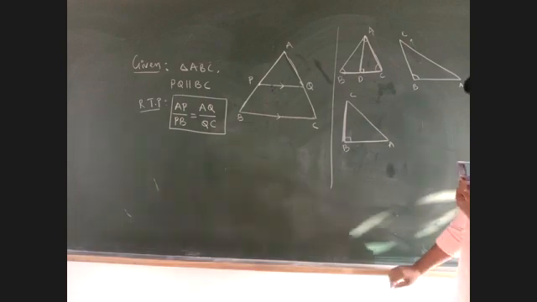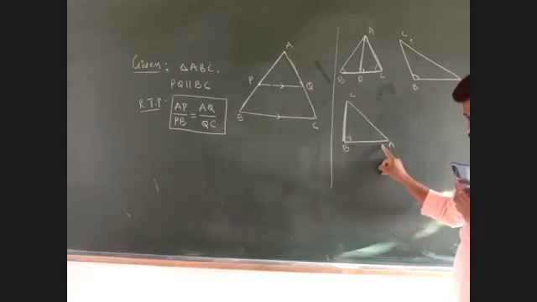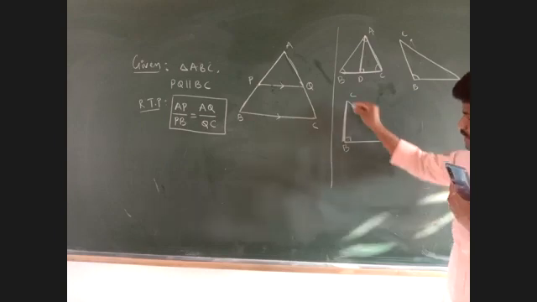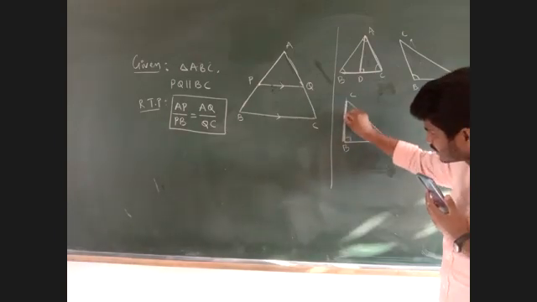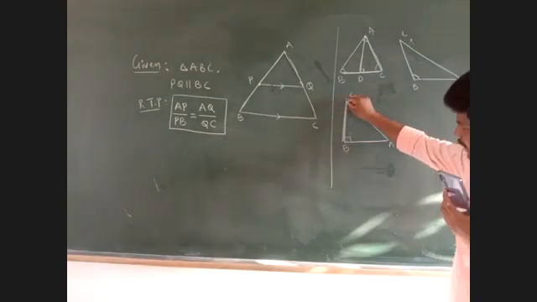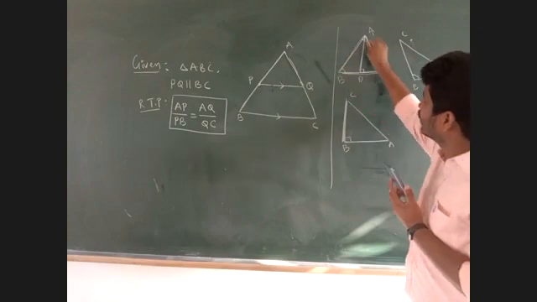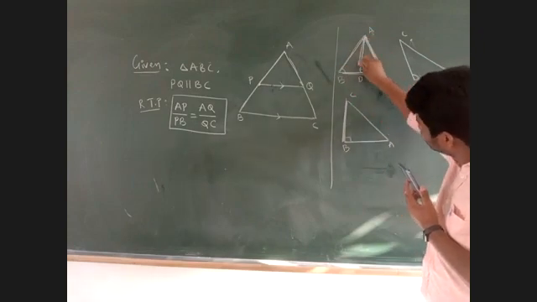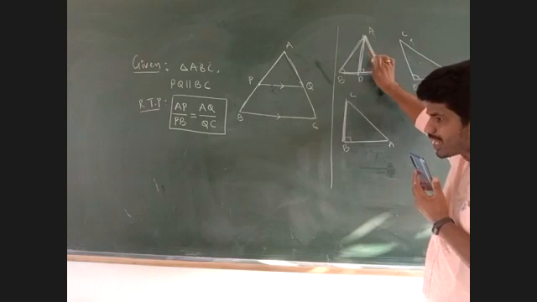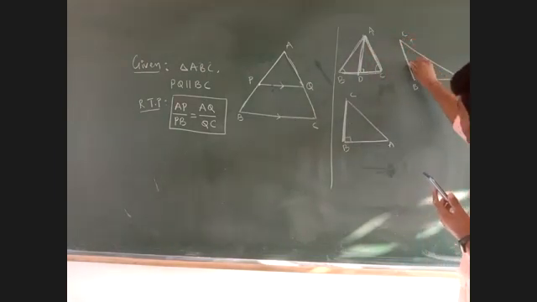BC, sir. In a right angle triangle, the base is AB. Height? BC. BC is nothing but on the triangle. If it is a right angle triangle, the height is on the triangle. If it is an acute angle triangle, the height is inside of the triangle.